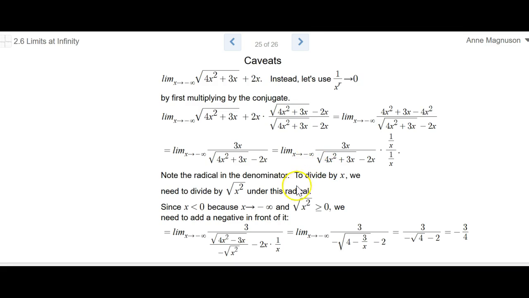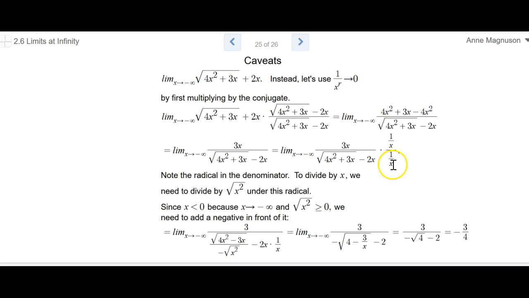Because x is less than 0, we need to remember that the square root function is always going to return a positive value, right? So the square root of x squared is always going to give me positive x. That's just the range of the square root function. But here our x's are all negative because we're going to negative infinity.